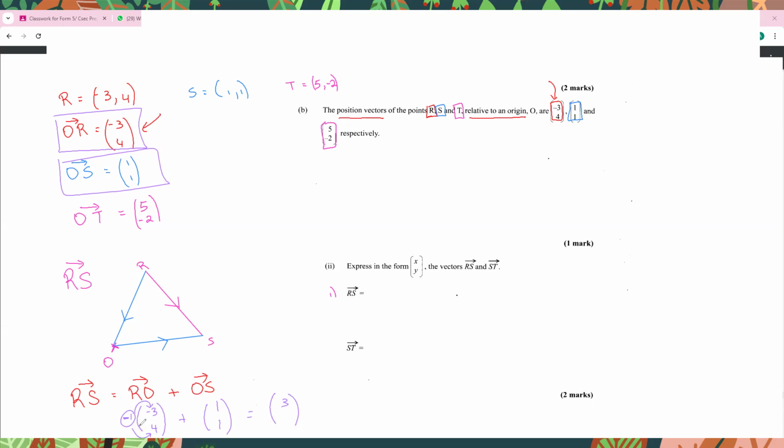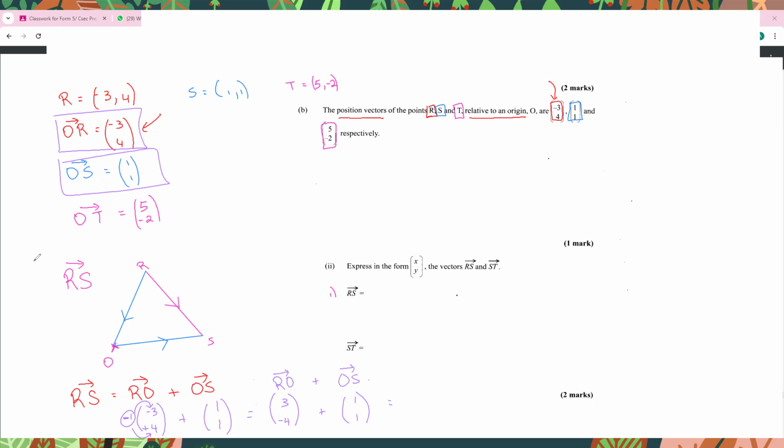When we have two different signs, right, as the -1 by the +4, multiply like normal, but you'll have a negative answer, right? So the change in direction from R to O would be 3, -4. So basically change the sign. And then we're going to add on OS, which was 1, 1.